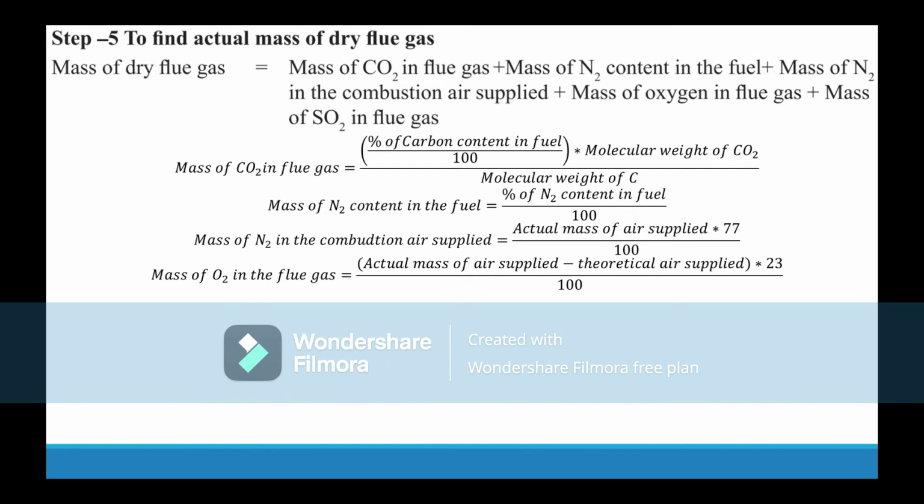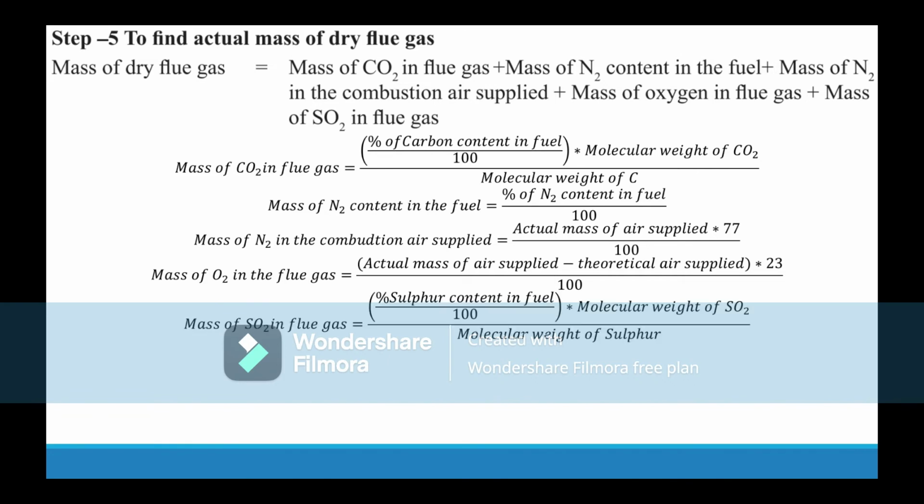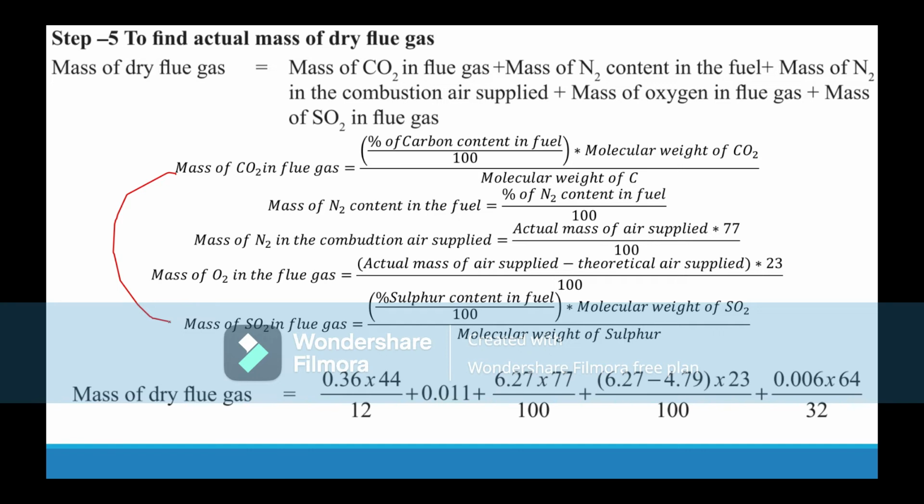Therefore, we can take that difference. Then the mass of SO2 in flue gas is a similar calculation to the mass of CO2: substitute the percentage value and the molecular weight, then we can get the mass of SO2 in flue gas. By adding all these values, we can get the mass of dry flue gas. The value is 6.51 kilogram of dry flue gas per kg of coal.